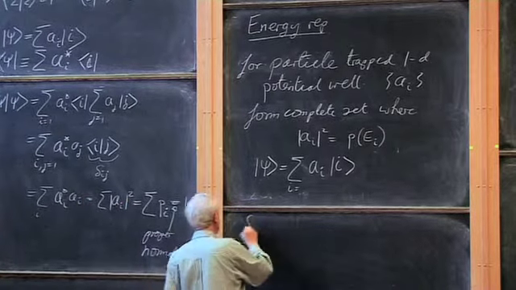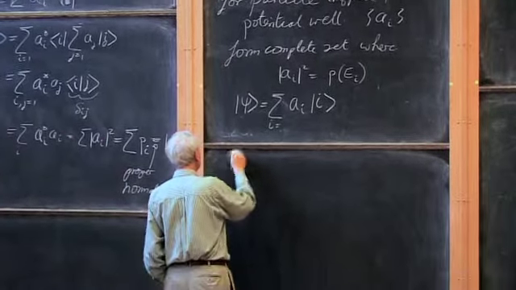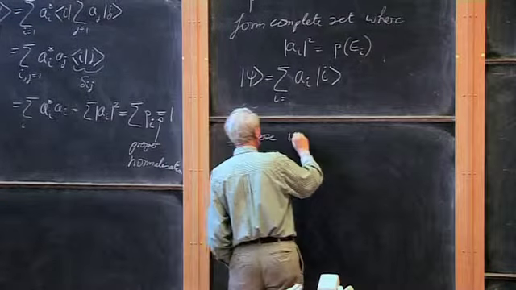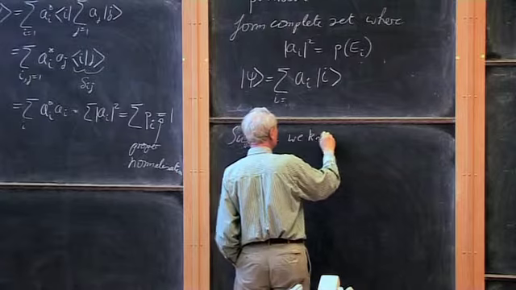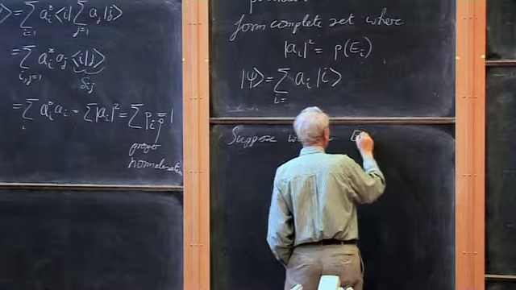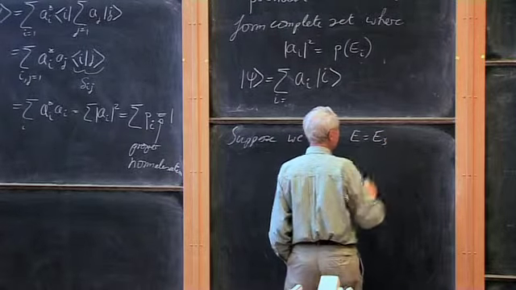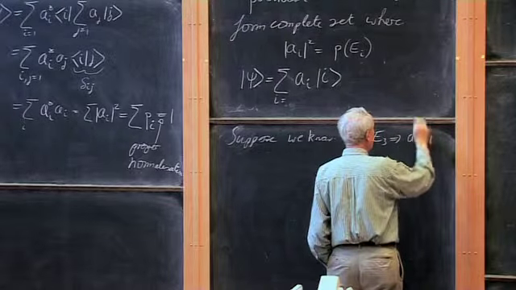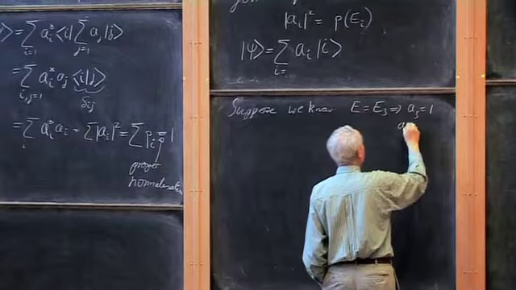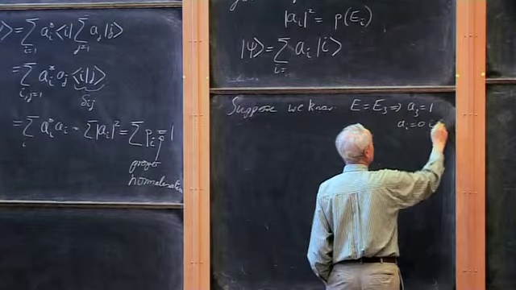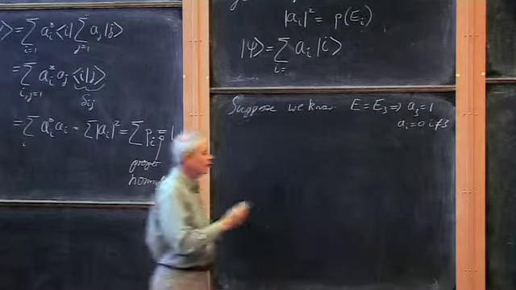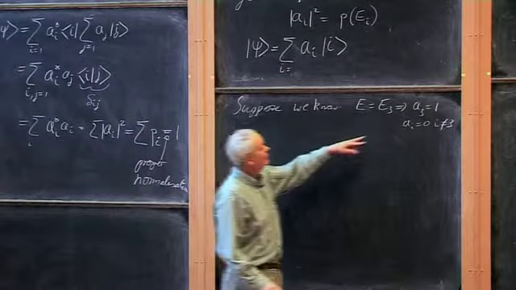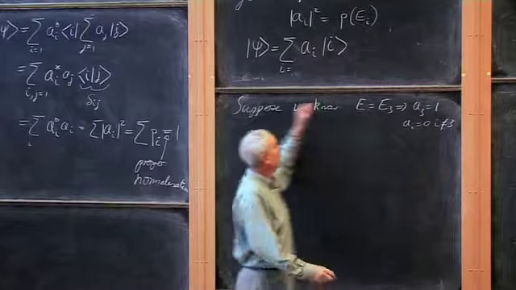Now let's find out what these mean in this context. Suppose we know the energy is actually E_3. So that implies that A_3 is 1 and A_i equals 0 for i not equal to 3. So supposing we happen to know that the energy is E_3, then the amplitudes must be like this.